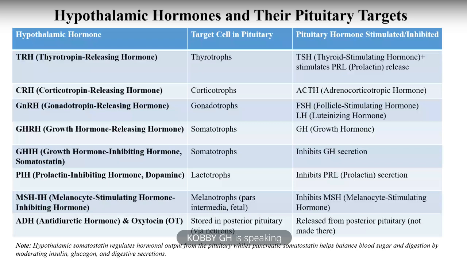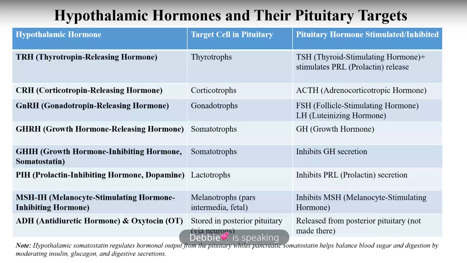If the hypothalamus produces gonadotropin releasing hormone, which cell in the anterior pituitary does it target? The gonadotrophs. If the hypothalamus produces corticotropin releasing hormone, which cell in the pituitary gland does it target?